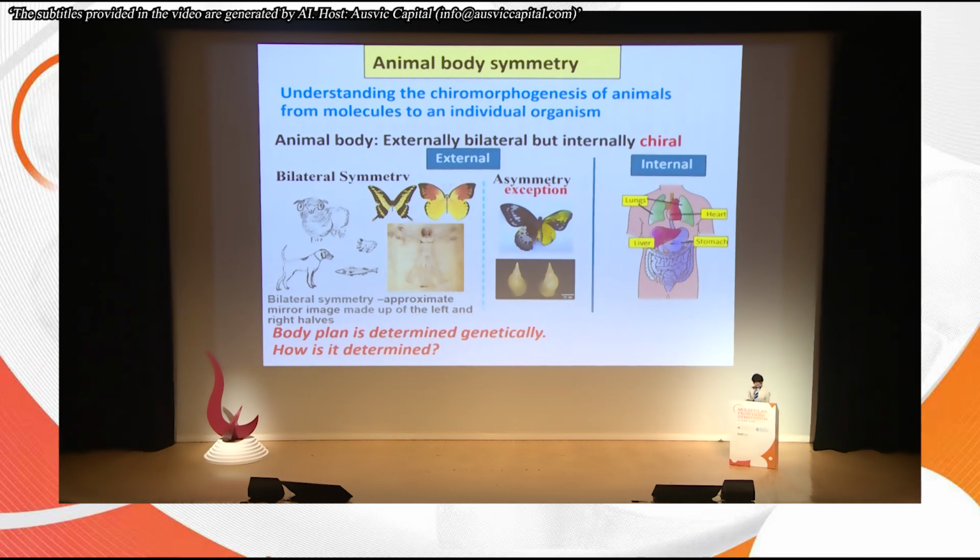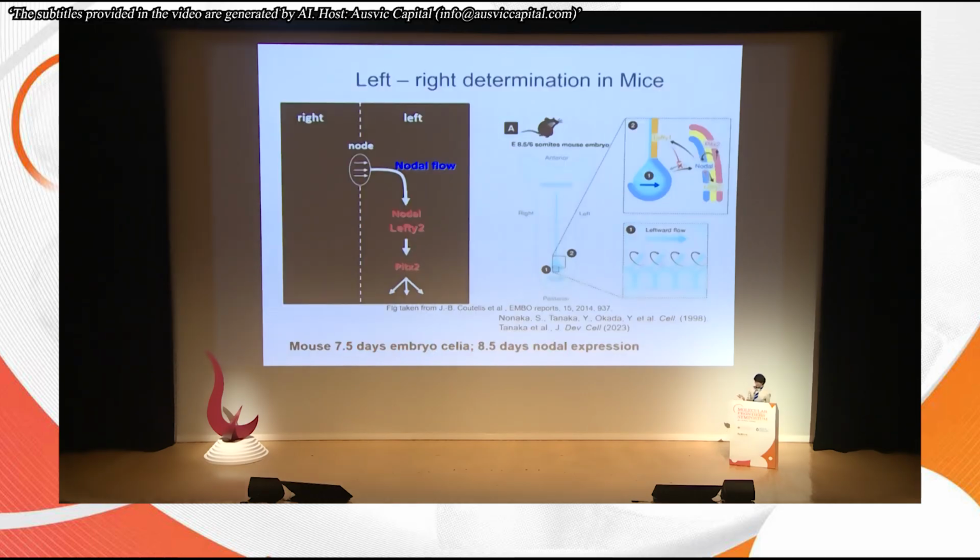So how is it determined? It is a molecule. And this is the case in mice. You see, at 7.5 days of the embryo, there's a nodal flow. And at 8.5 days, there's Nodal, this is the name of the gene, that is expressed, and also PTX.